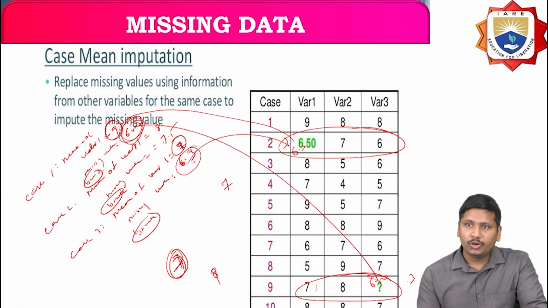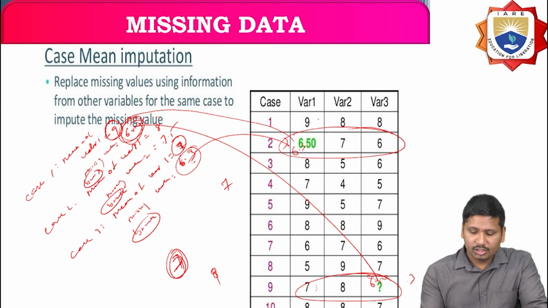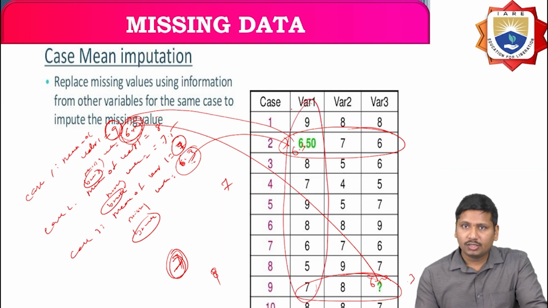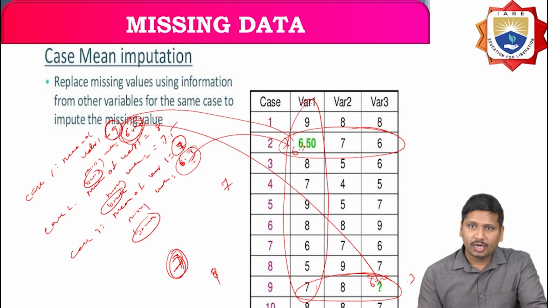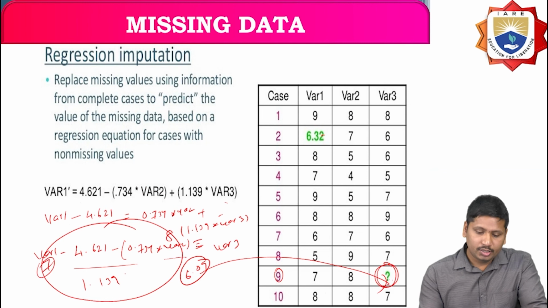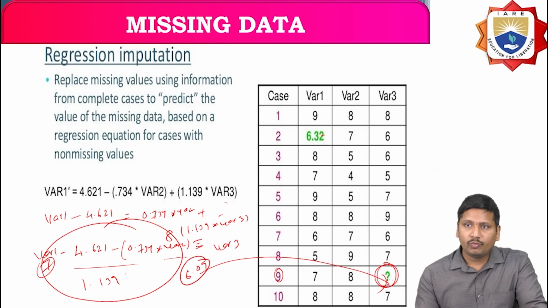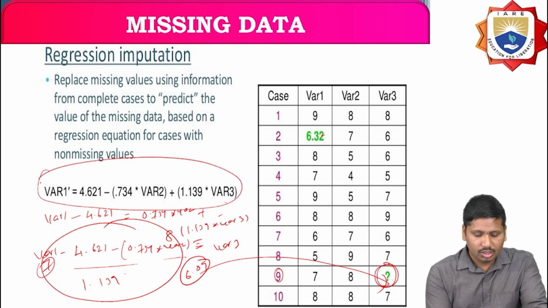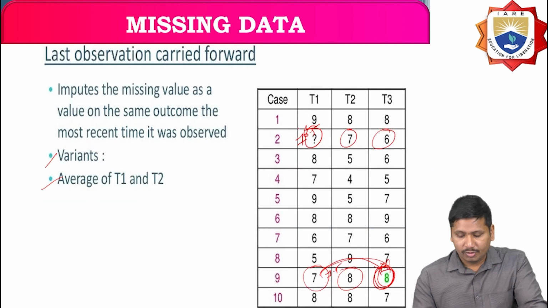Here also we calculate the mean value by considering either the row or the column of the same case, and that value is filled into the missing value. And then regression imputation, where the missing value is filled using the regression equation. Based on the regression equation, I get some values, and that value is filled into the missing value.